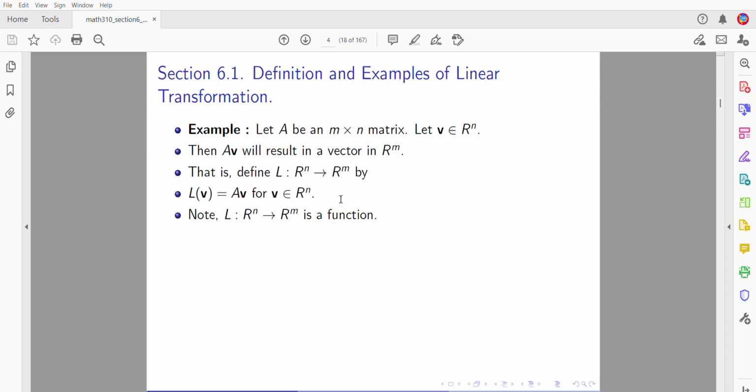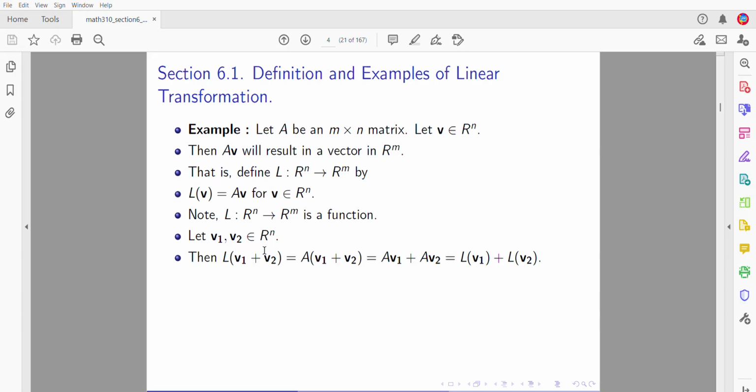This is a function because multiplication by a matrix gives a well-defined output. So L from R^n to R^m is a function. Moreover, suppose you have two vectors v1 and v2 in R^n, then consider L of v1 plus v2.